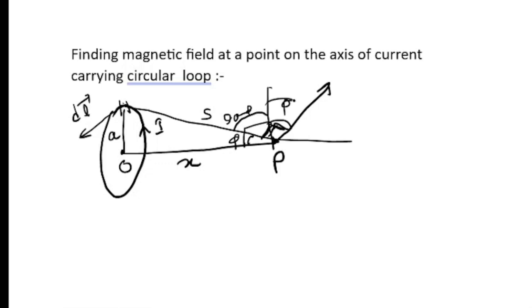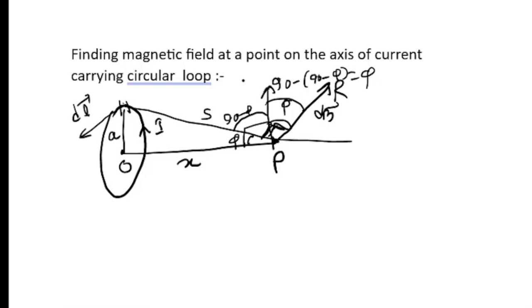So what about this angle? This angle is between S and dB, where dB is along PR, so this angle will be 90 minus (90 minus phi), which becomes phi. This question is very much important for understanding.